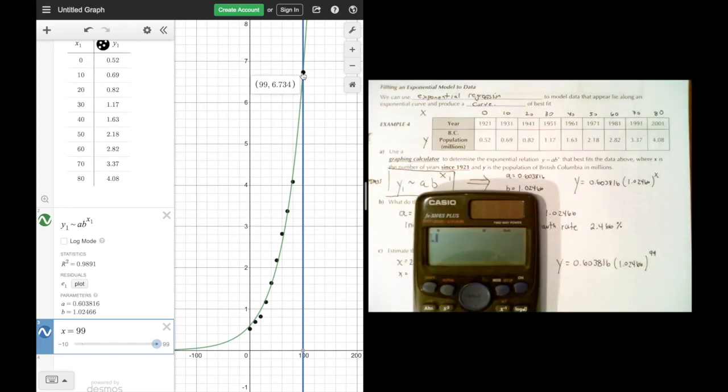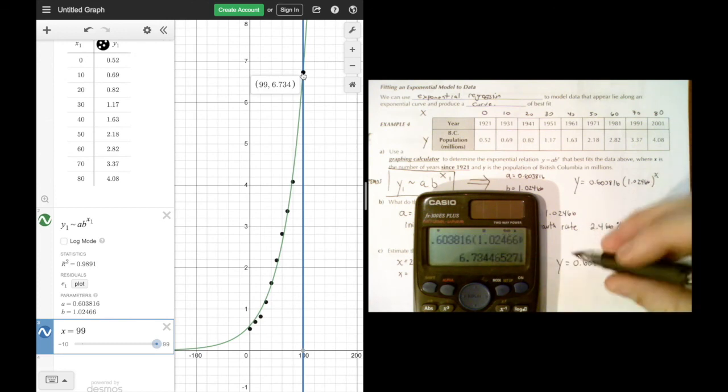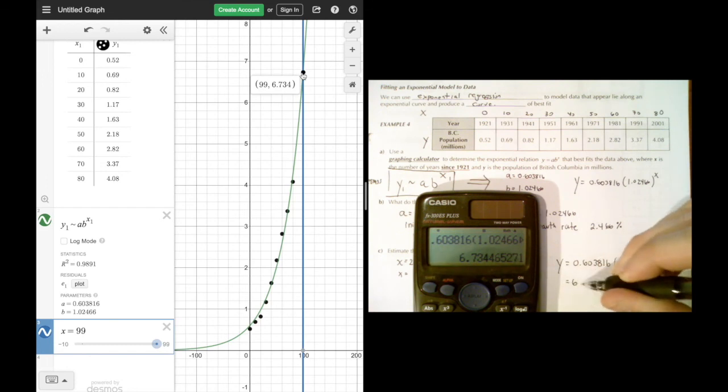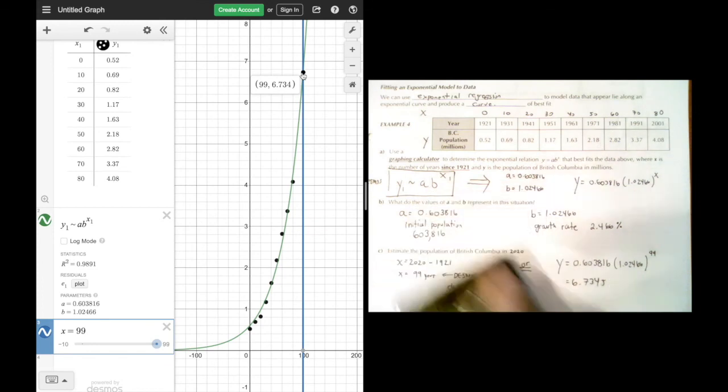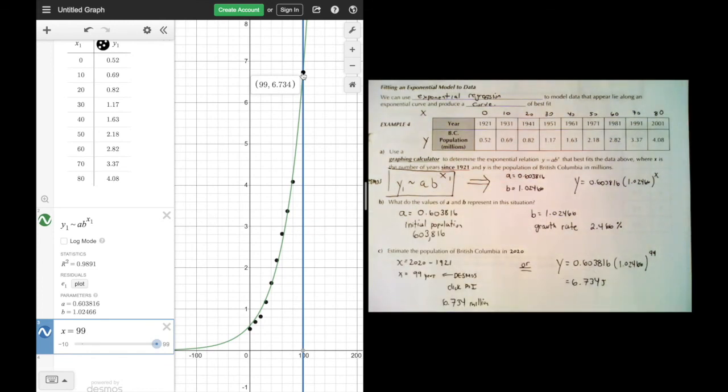So we got 0.603816 bracket 1.02466 bracket exponent button 99 equals, and we get 6.7345. That's pretty close. Million.